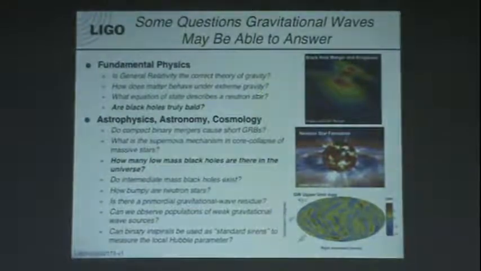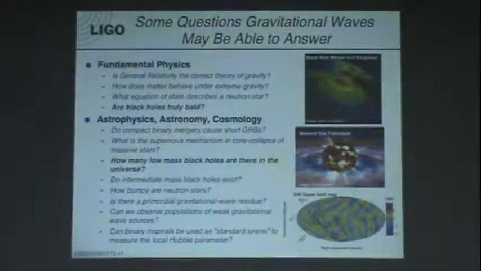How does matter behave under extreme gravity? Are black holes truly bald? In other words, are they truly Einsteinian black holes, only possessing mass and angular momentum? A whole host of questions in astrophysics, astronomy, and cosmology.